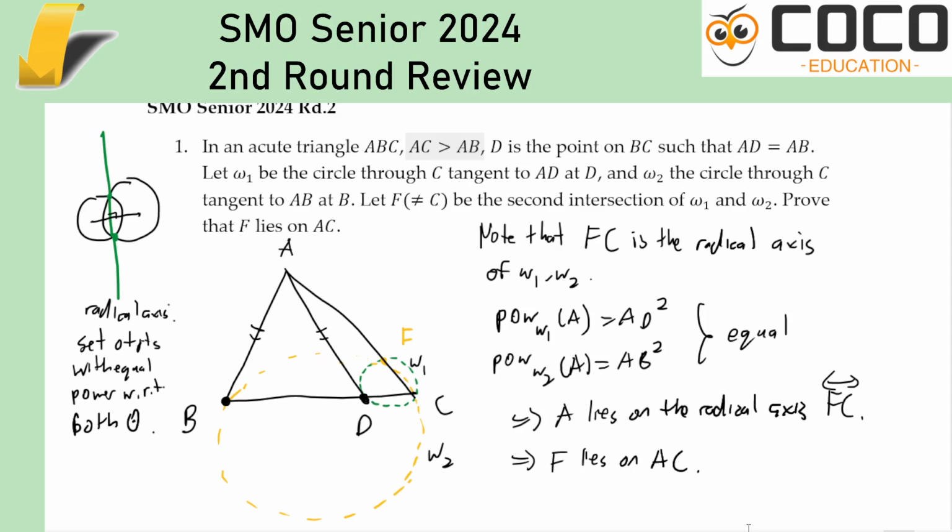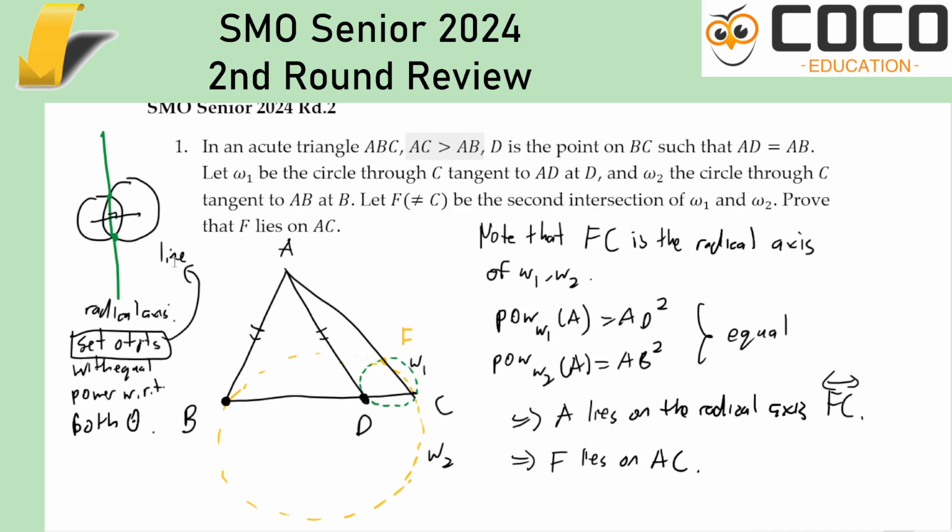This is not very hard. It is, however, a specific tool, right? So in circle geometry, one of the important tools is being aware of this radical axis. If you are not aware of it, it's a bit difficult to show this, because even though it does make sense that AF times AC would be equal to both of these, the fact that the set of points is aligned is something that is non-trivial.